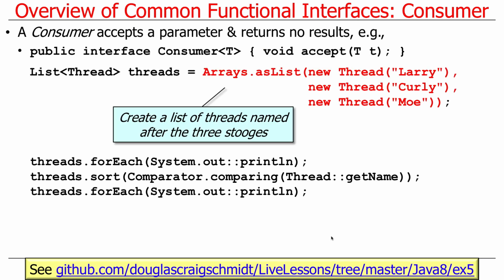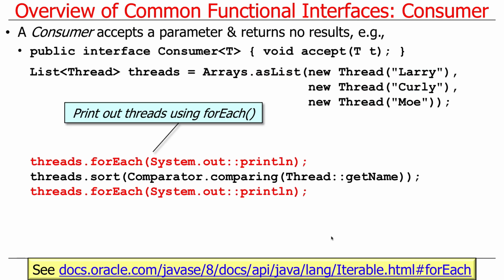We've seen this example before in a different context, and now I'm going to focus on a different part of the example. So what we're going to do is make ourselves a list of 3 threads that are initialized with different names of our good friends, the Stooges. And then we're going to print out the names of the threads using the for each method on list.